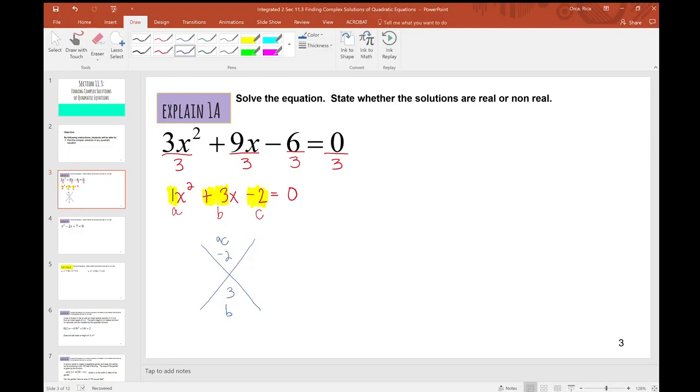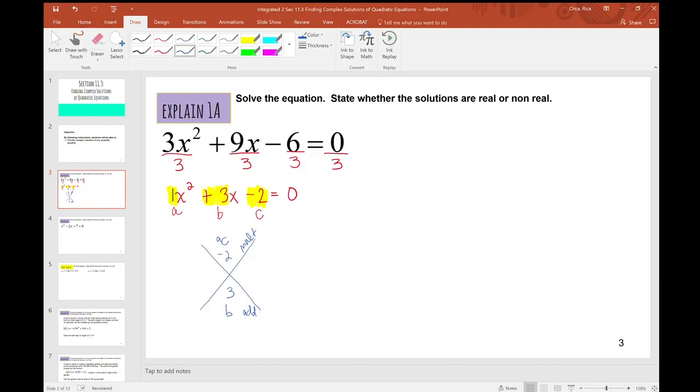Okay, class, now we need to think of two numbers that'll multiply to negative 2, but will add up to 3. Well, the only factors of negative 2 are 1 and negative 2. 1 times negative 2 is negative 2, but 1 plus negative 2 is negative 1, not 3. So that's not going to work. We can also try negative 1 and 2.